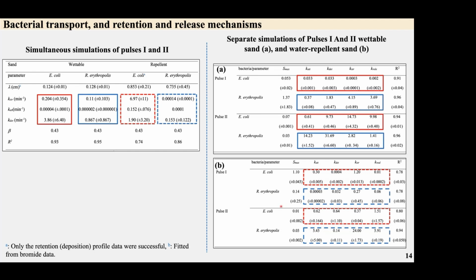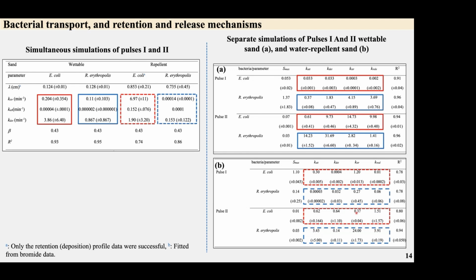But when we look at E. coli and Rhodococcus for the second pulse, we don't see that much difference between the coefficients, particularly for E. coli, and we saw how highly it was retained.